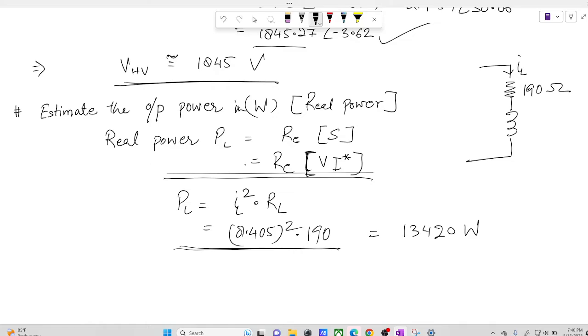So let me show through this method also. I said PL is the real part of V I conjugate.